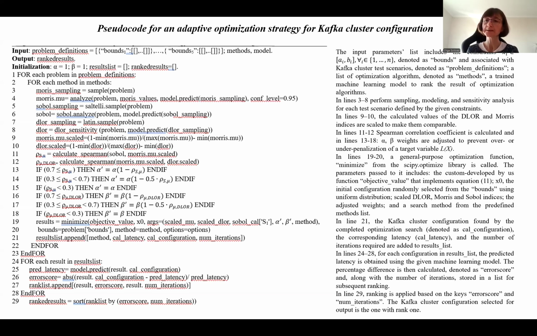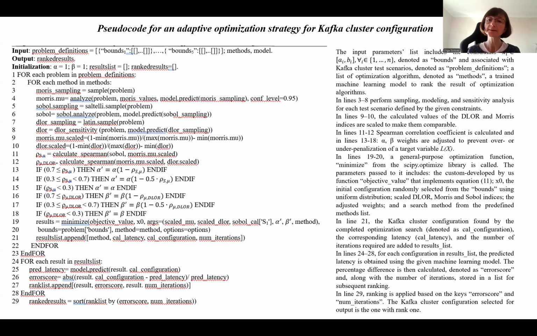Then in lines 9 and 10, the calculated values of Delors and Morris indices are scaled to make their values compatible. Then in lines 11 and 12, a Spearman correlation coefficient is calculated and the weights for the multi-objective model are adjusted.